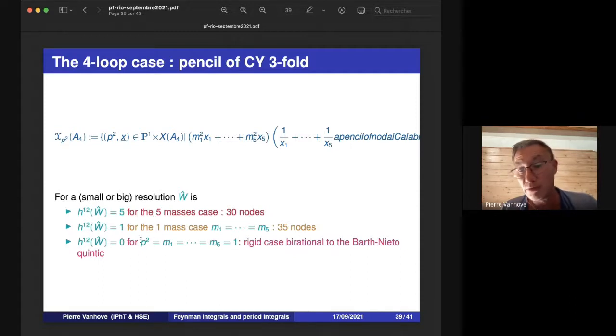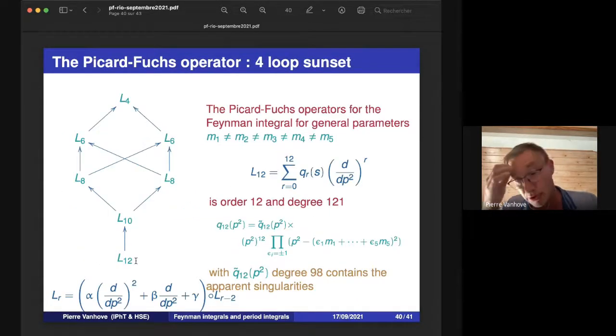Up until the case, I mentioned the numerical analysis by Broadhurst, where there's no parameter anymore because everything is fixed to 1. Then you get a rigid case, the Barth-Nieto quintic. So in that case, by understanding the geometry there, because it's a Calabi-Yau threefold, you expect that the minimal differential operator is of order 12, and then each time you specify relations, you drop the order by 2.